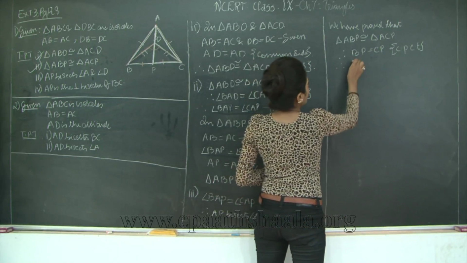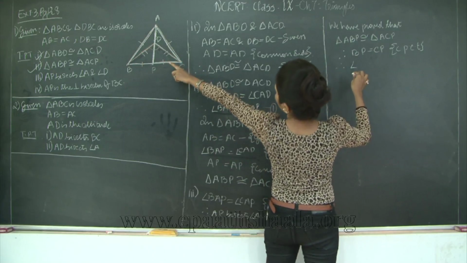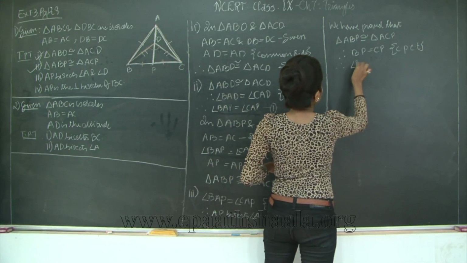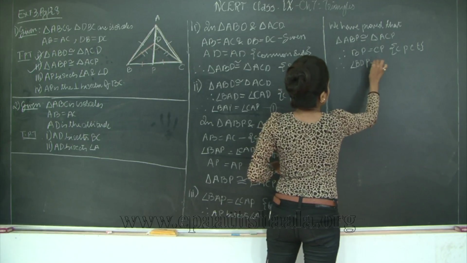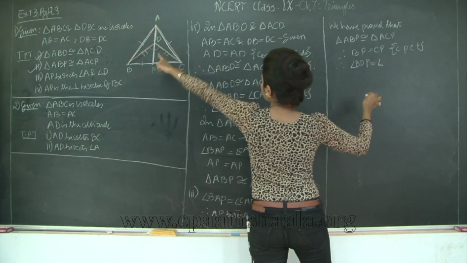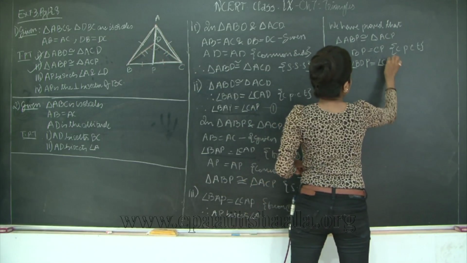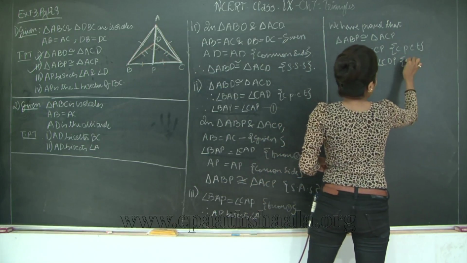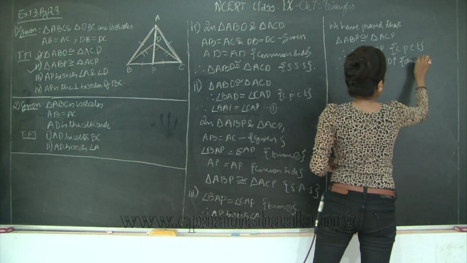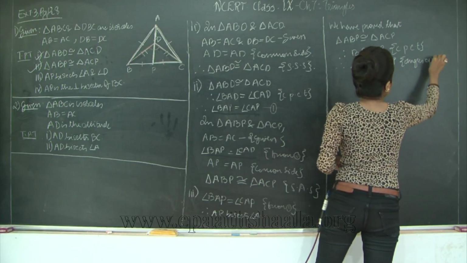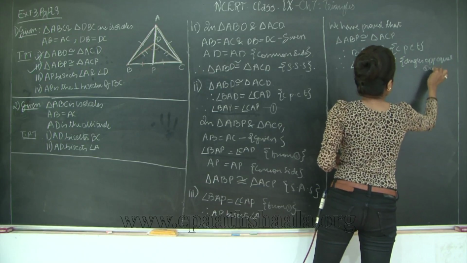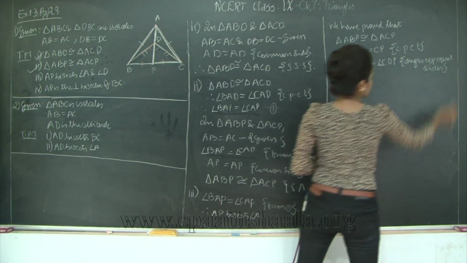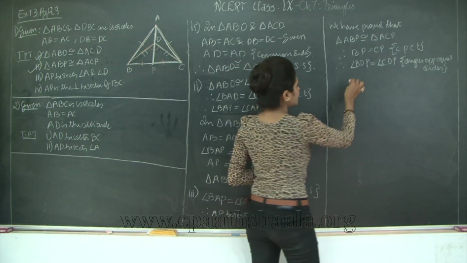Therefore, angle BDP is equal to angle CDP. Why? Angles opposite equal sides. Correct? Therefore, what can I say?